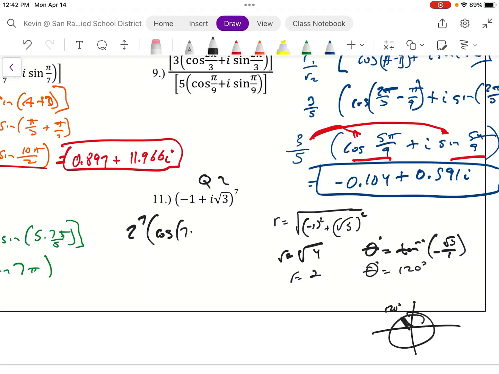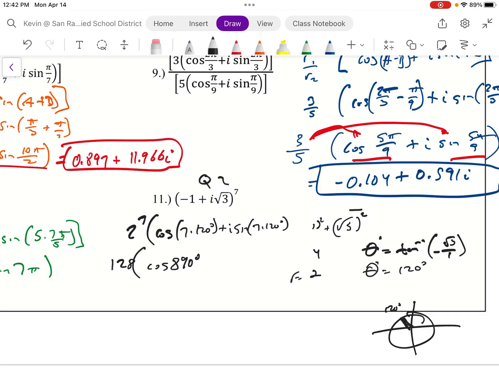So we're going to go 2 to the 7th power cosine of 7 times 120 degrees plus i sine of 7 times 120 degrees.